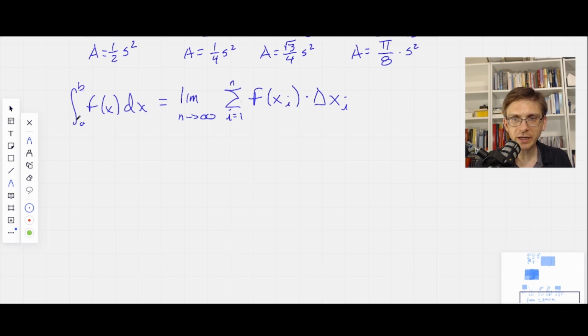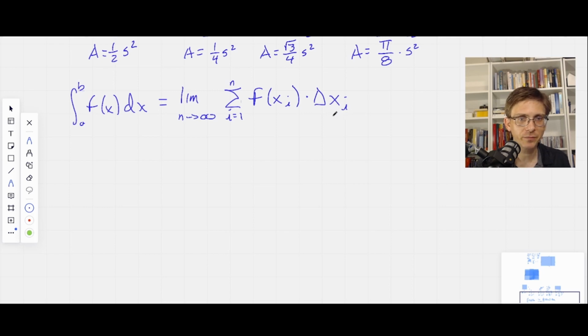And so an integral is essentially, in this way of looking at it, a summation. And what is it the summation of? Well, in this case, it's the summation of y values, right, because that's what a function is, times these delta x values.